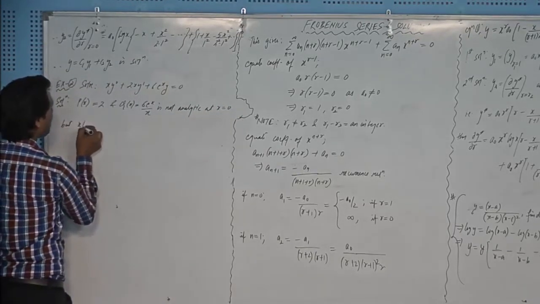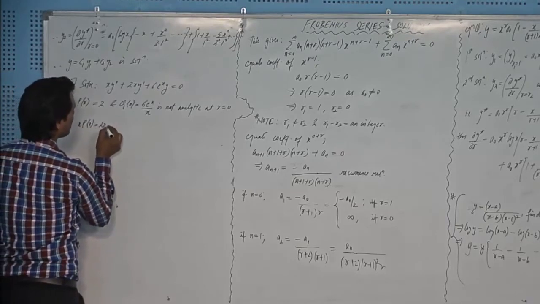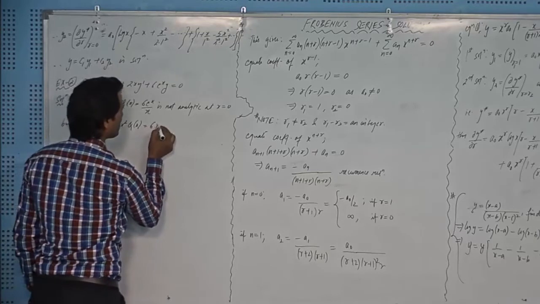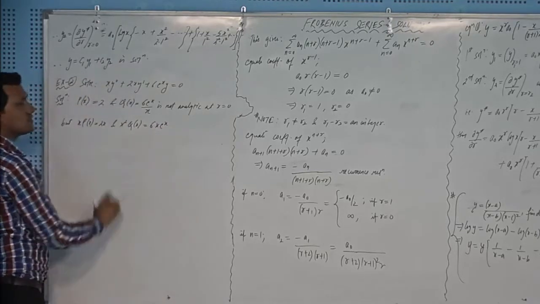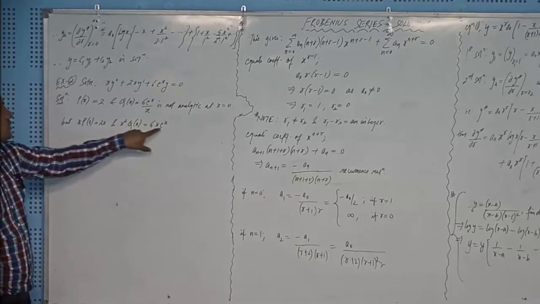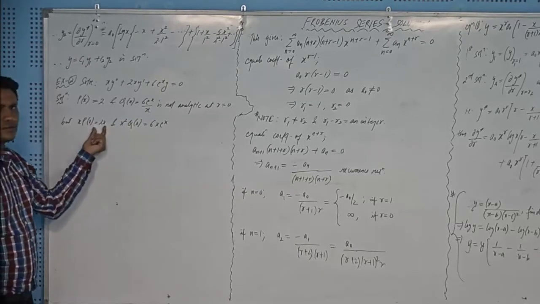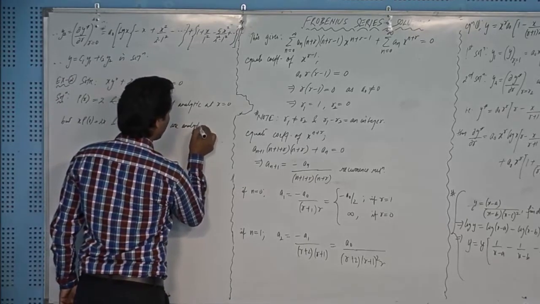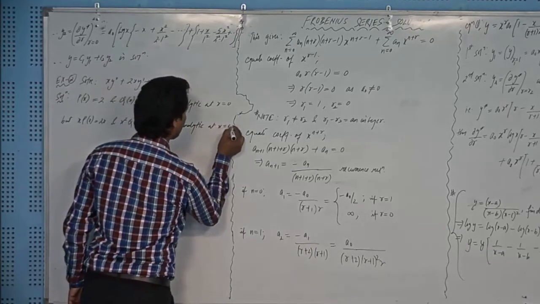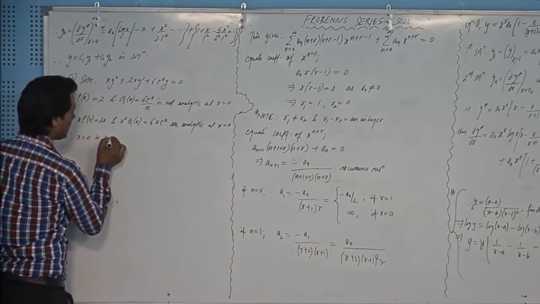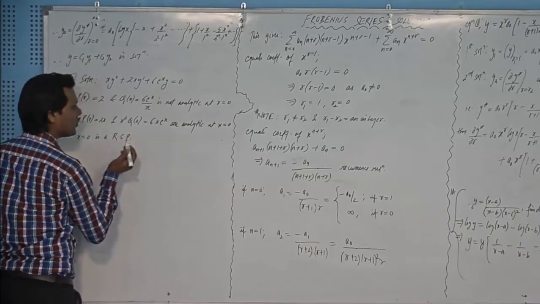But if you multiply your p(x) with x, you will get 2x, and if you multiply your q(x) with x squared, you will get 6 times x e to the power x. They both become analytic. There's no problem with x equal to 0. If you put x equal to 0, they are equal to 0, and both are analytic at x equal to 0. So we can say that x equal to 0 is a regular singular point.